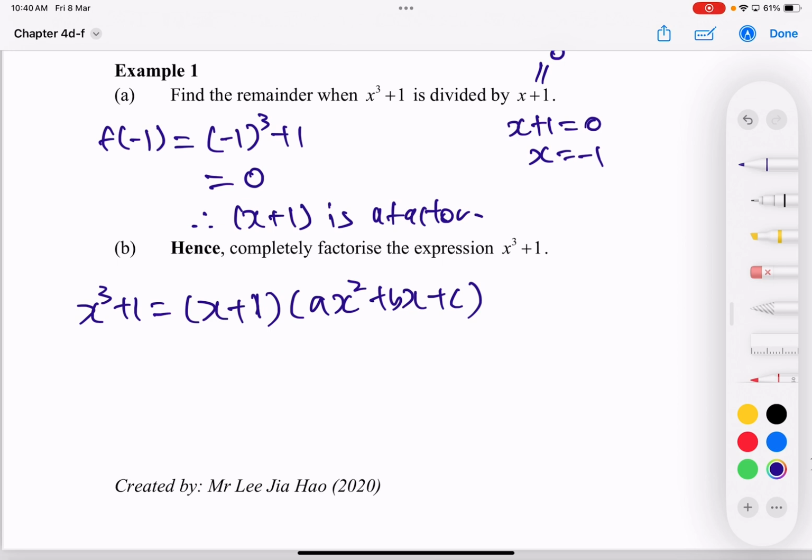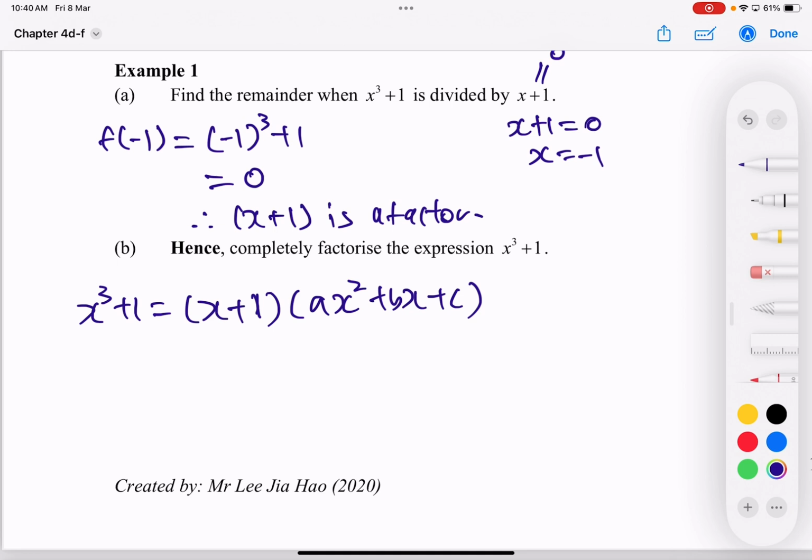Okay, and just by observing, you should know the values of a and c. In fact, you don't have to do much working. Just by looking, can you see that the value of a must be 1? Because in order for me to get x cubed, I must take x multiplied by ax squared. So in this case, the value of a is 1.